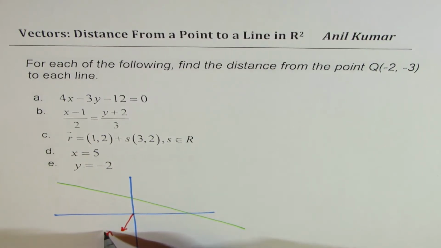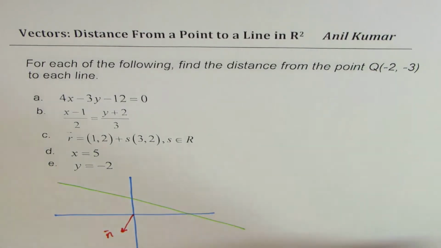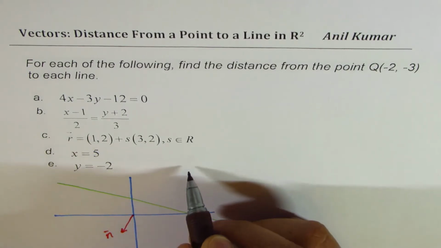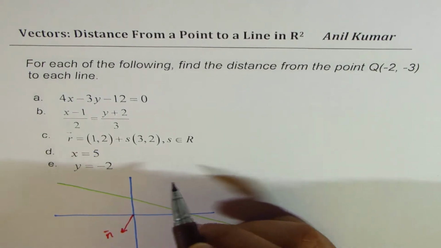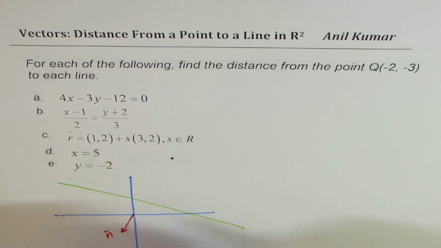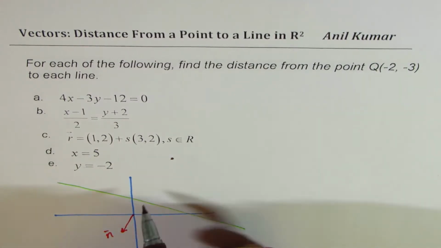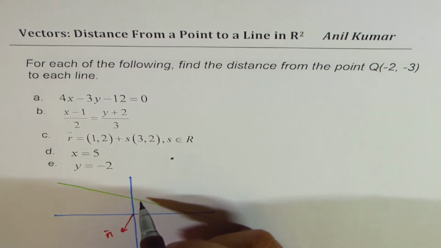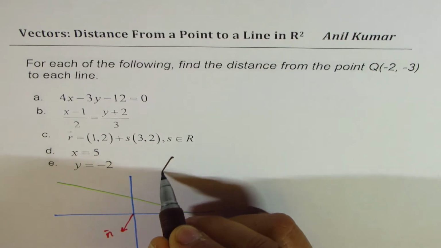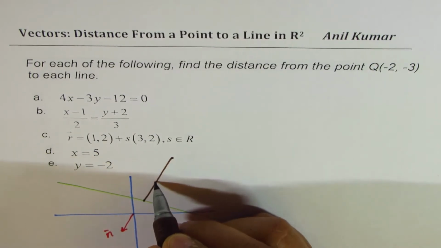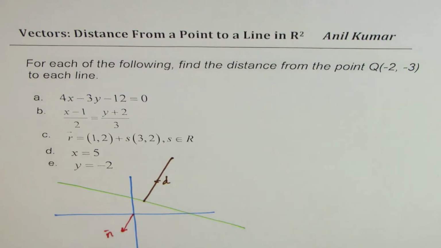This is the normal to the line. If you want to find the shortest distance from a point Q, let's say the point Q is somewhere here, the shortest distance is in the same direction as the normal. So that is the shortest distance which we want to find.